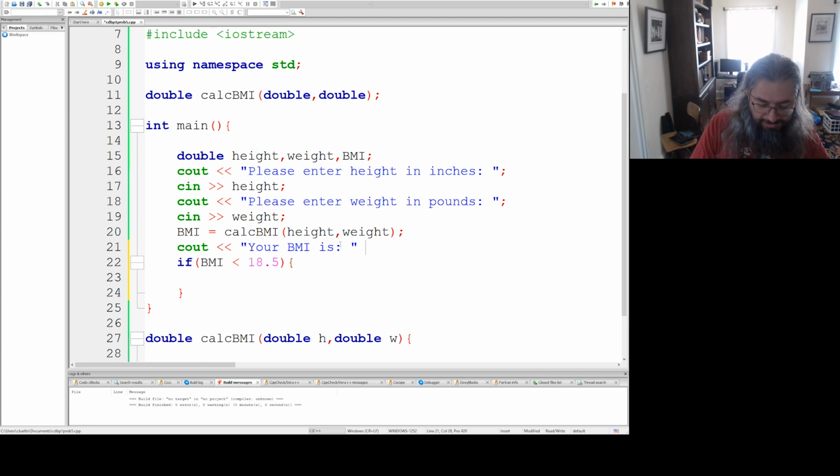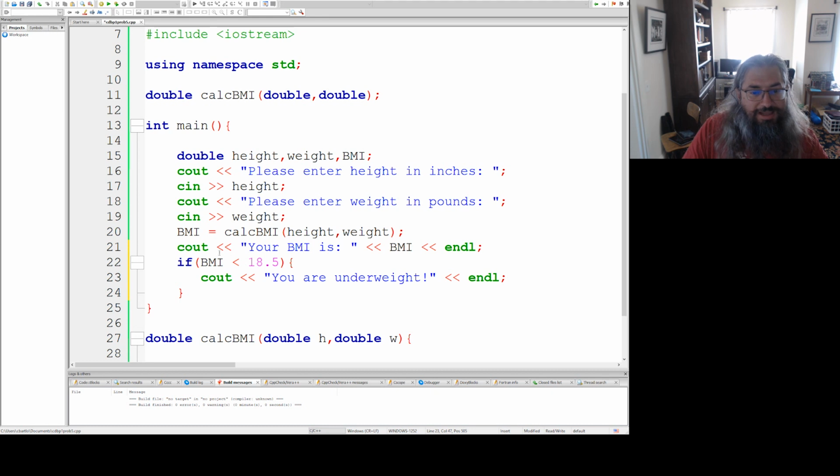That's part of the thing that I need to do. Okay. And then I can print out you are underweight. Okay, you can put cute messages in here, whatever you feel like.